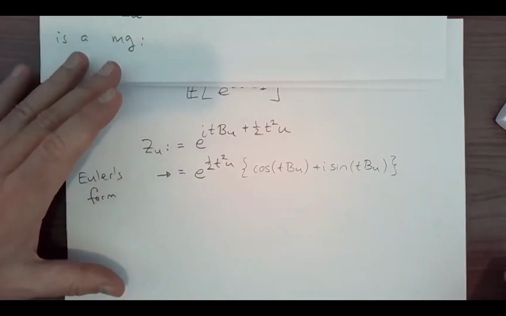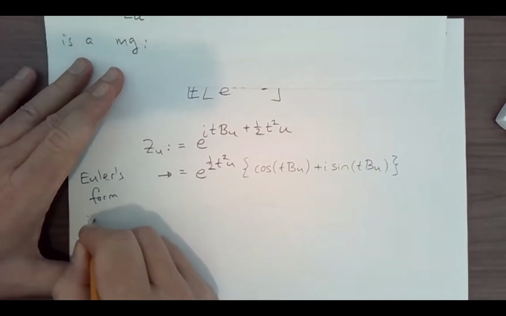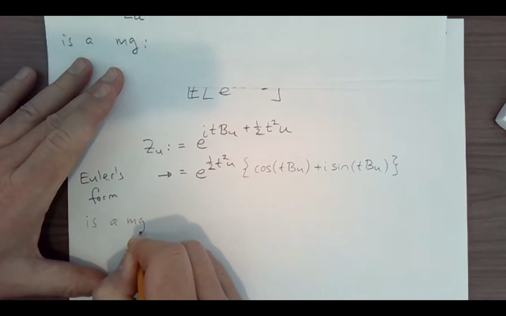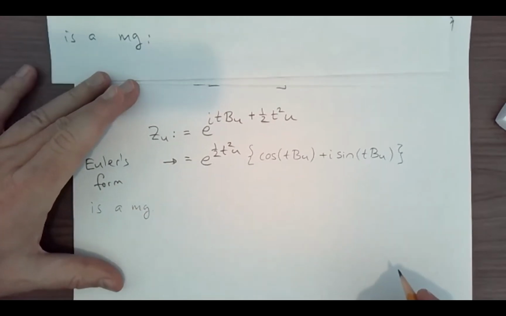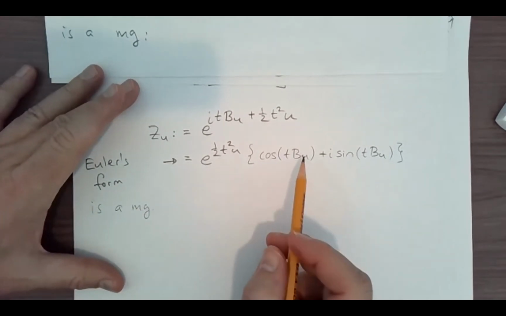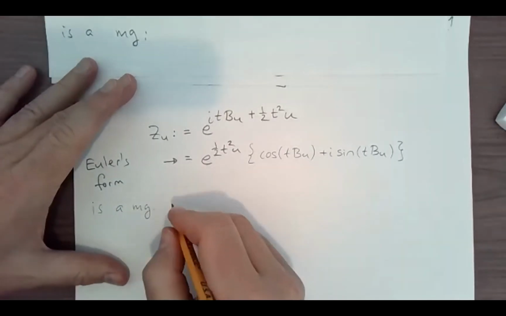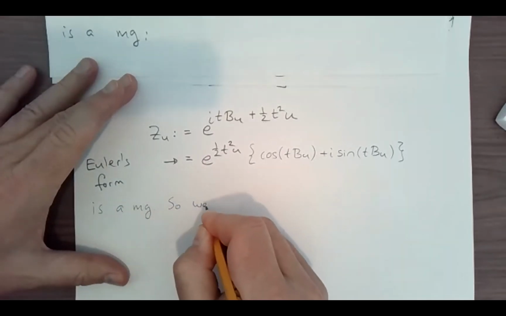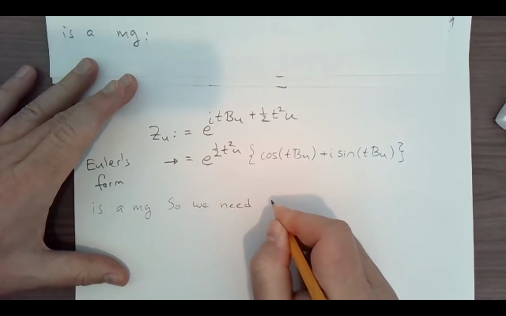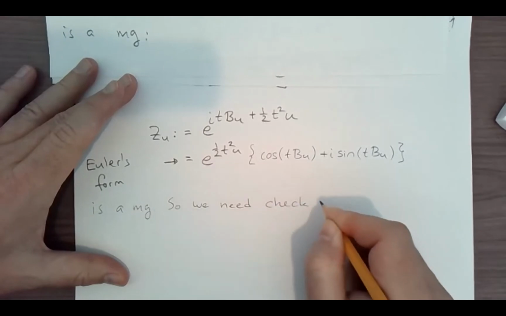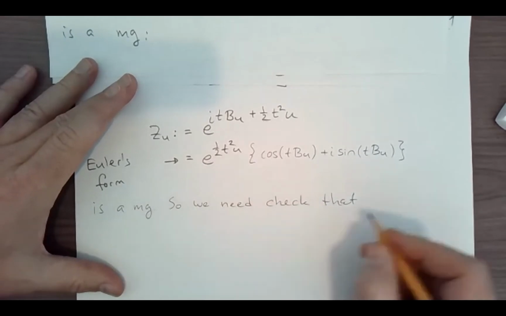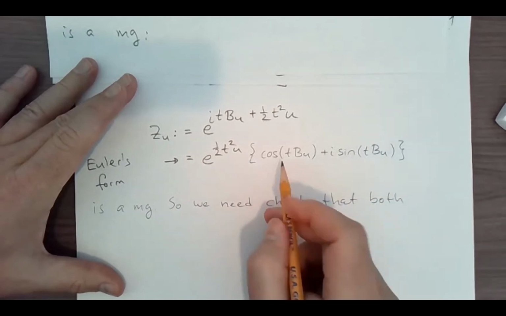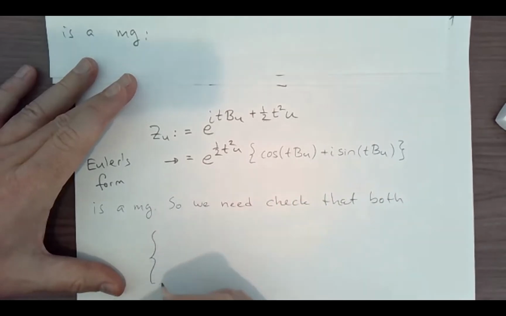So we're claiming that this here is a martingale. It's going to be complex valued, so we need to check that both these components are martingales.